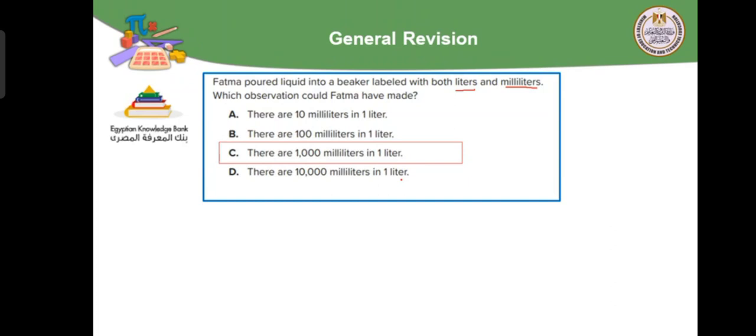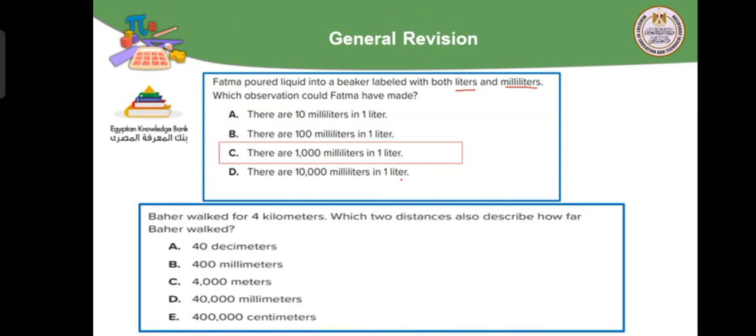Then, Bahir walked for 4 kilometers. Which two distances also describe how far Bahir walked? 40 decimeters, 400 millimeters, 4,000 meters, 40,000 millimeters, 400,000 centimeters.